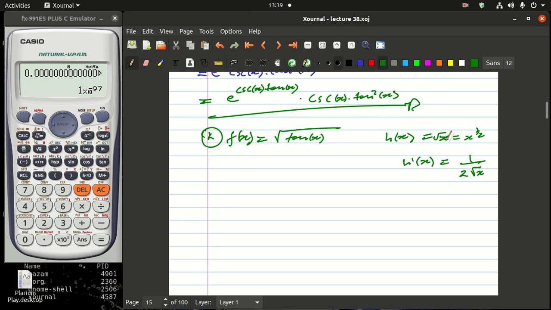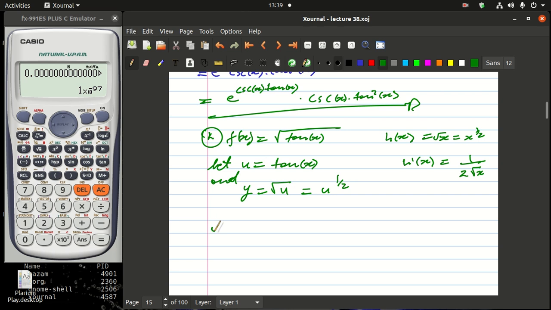But instead of having an x here, I have a tan. So I am going to let u be what is sitting in the place of x, tan of x. And now my y is going to be the same function, but I'm going to replace the thing that is inside by u. So I'll have u raised to 1 over 2.